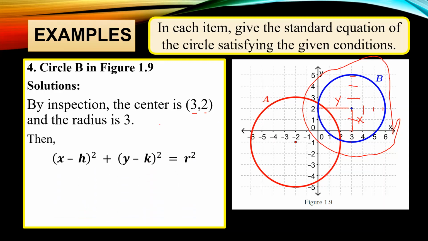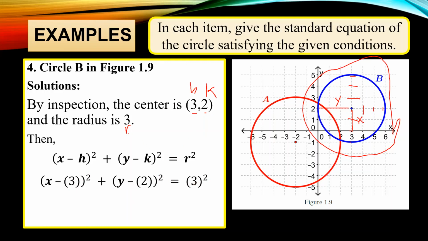So then, again, we have the standard equation of the circle: x minus h squared plus y minus k squared is equal to r squared. So again, this is h, this is k, and this is r. So we have x minus 3, so 3 is the h, squared plus y minus 2, which is 2 here, is the k, and this is equal to 3 squared.